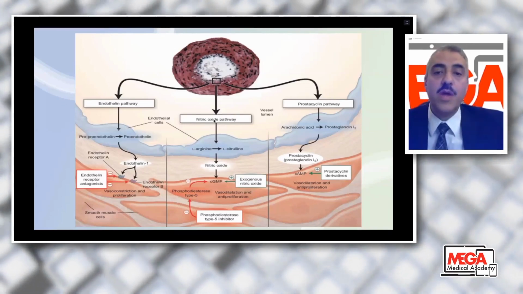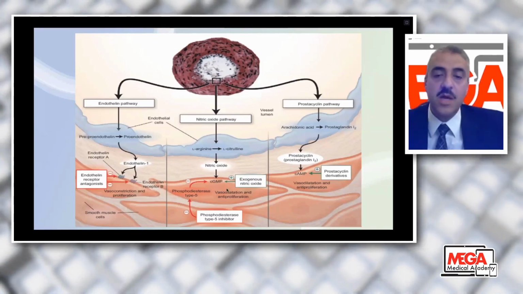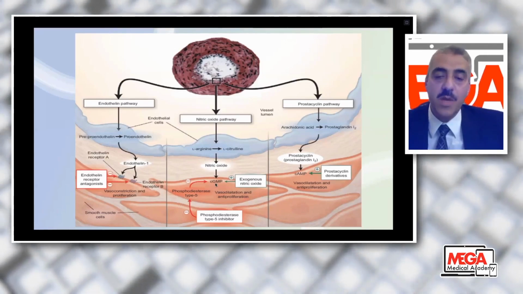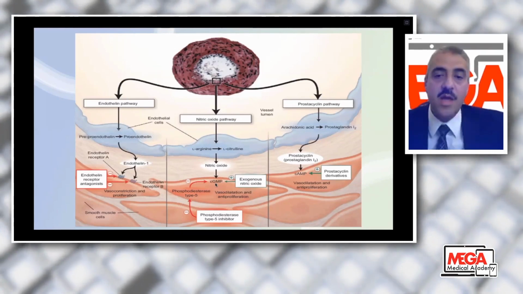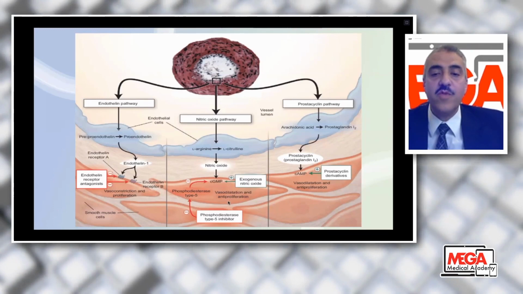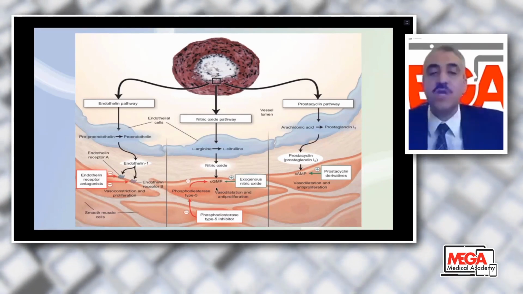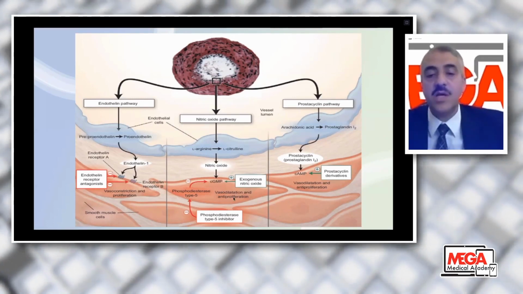The nitric oxide pathway includes nitric oxide produced by the endothelium, which passes inside the smooth muscle cell to produce cyclic GMP through activation of guanylate cyclase. Other drugs that could be used are phosphodiesterase inhibitors, which decrease the breakdown of cyclic GMP, and so vasodilation and anti-proliferation are produced.